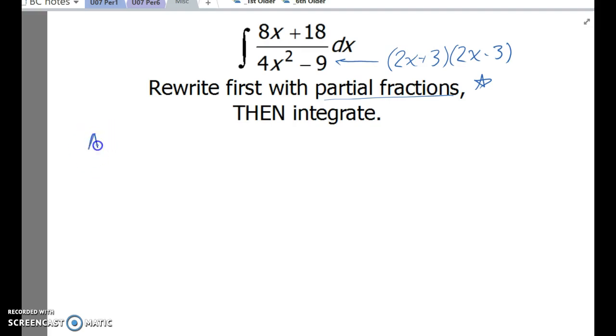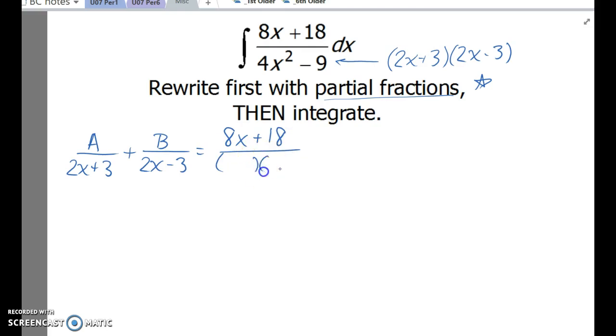So, in order to get those two factors in the denominator, I must have had some constant over a 2x plus 3, some other constant over a 2x minus 3, and that needs to equal our original. Again, with those two factors underneath.